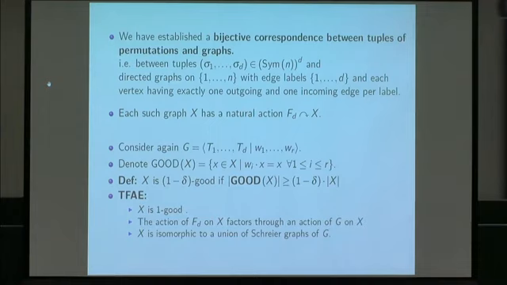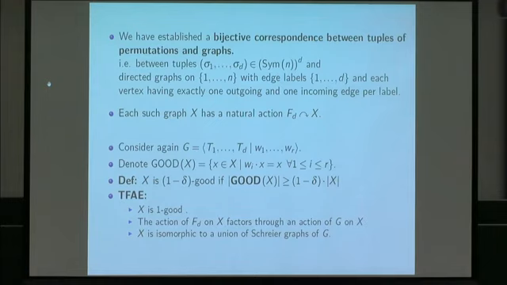All those vertices where you start from the vertex x, you walk the path dictated by the word w_i, and you get a loop. You return to x. So this is what I call a good vertex. And I say that the graph X as a whole is 1 minus delta good if the set of good vertices is almost all of X, is at least a 1 minus delta fraction of X.